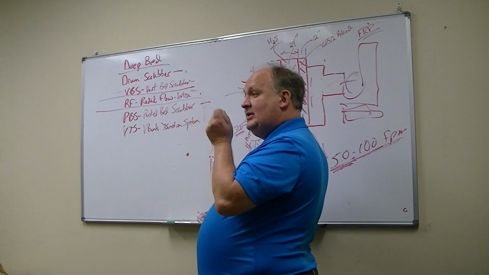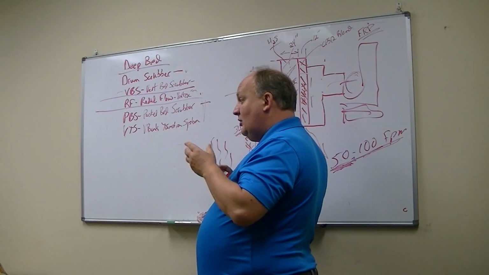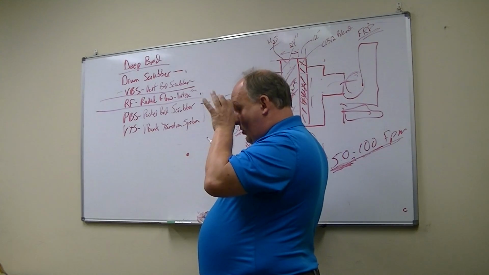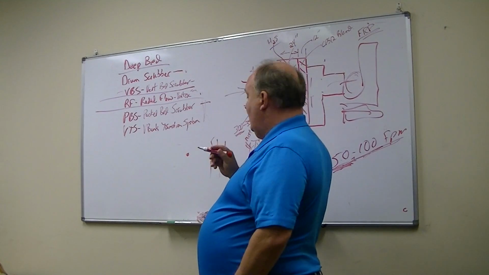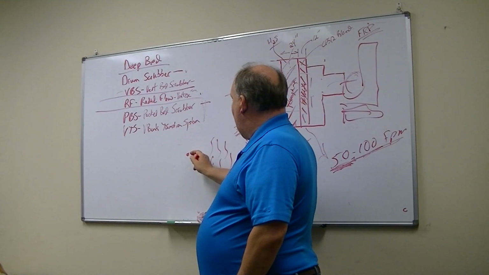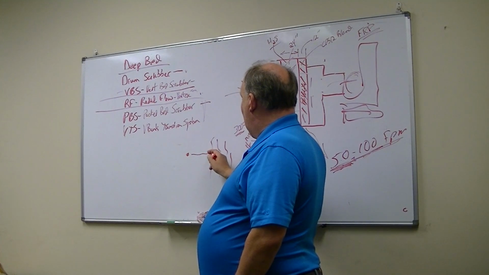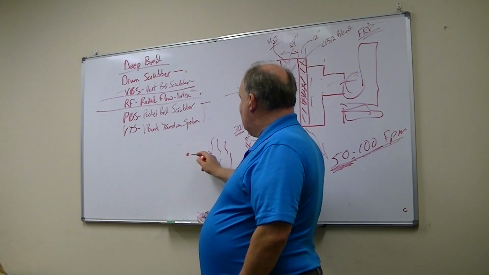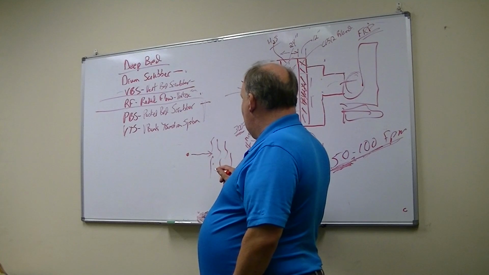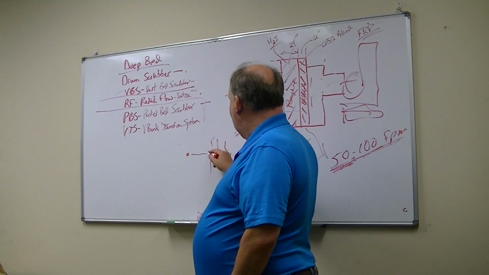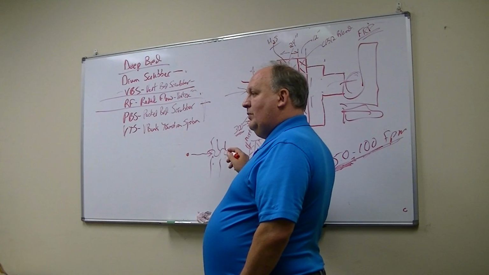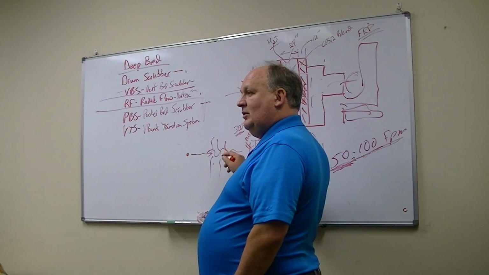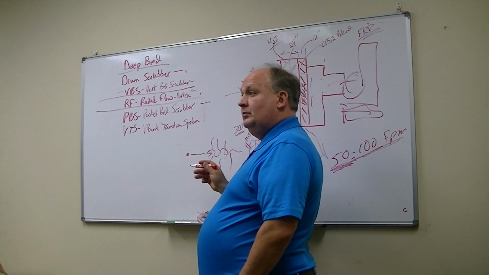That's the size droplet that we're talking about. You can't really see it with your eye, but you can see a bunch of them together. As this mist droplet goes through here, if it goes through too slowly, it'll just weave around these stainless steel fibers and make its way through.